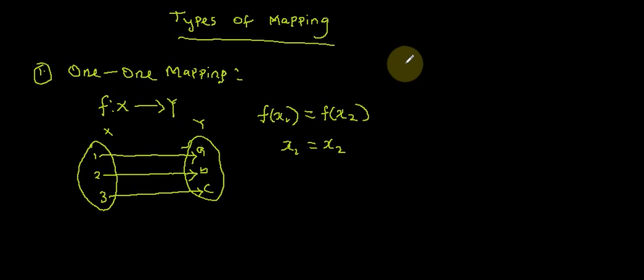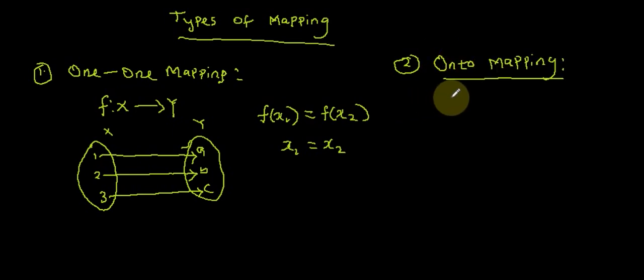The next type of mapping I would love us to look at is onto mapping. Just like I said, let f of x maps y be a mapping. So we say f is called an onto mapping if every element of the codomain is an image of at least one element in the domain.